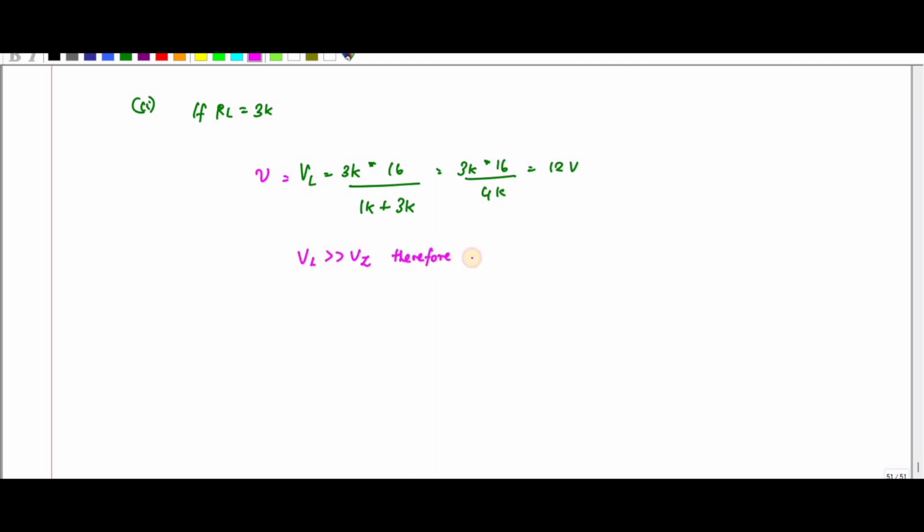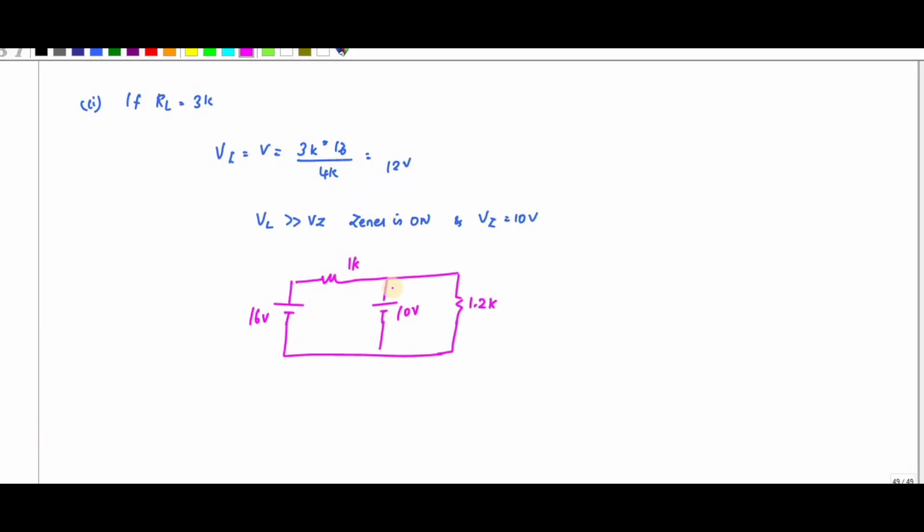So the VL is greater than VZ. Therefore the Zener diode is on. Okay. So if the Zener diode is on, I'm going to replace the entire circuit by, so here instead of open circuit, since the Zener diode is on, I'm going to replace it by a 10 volt, and this is 3K, right?